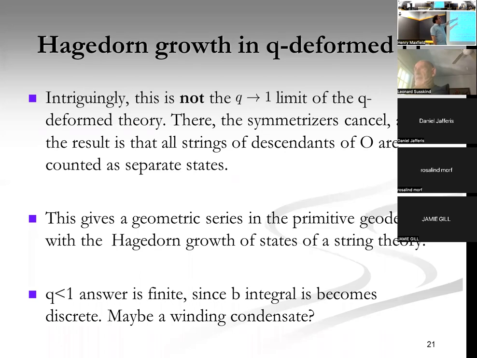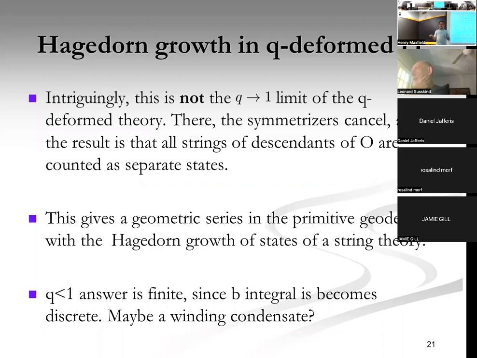In this case, actually, the result is that you don't get the symmetrizer at all. The symmetrizers kind of cancel. And so the Q goes to one limit of this Q-deformed guy tells you to count every order of the descendants of O as a separate state.